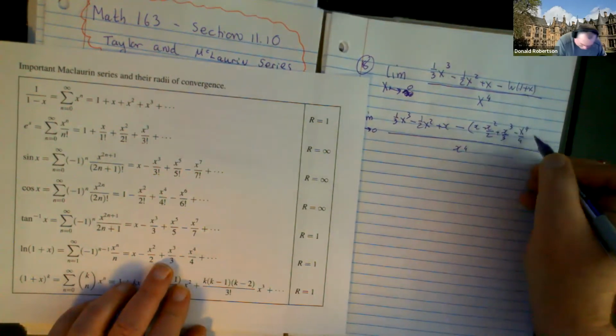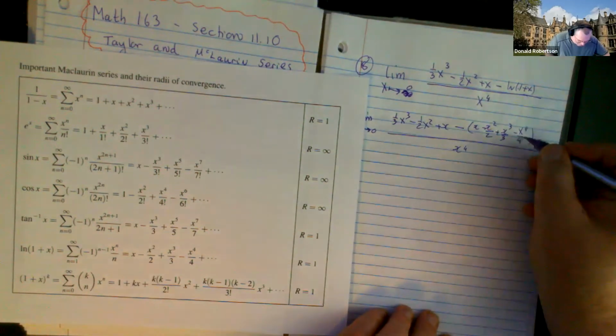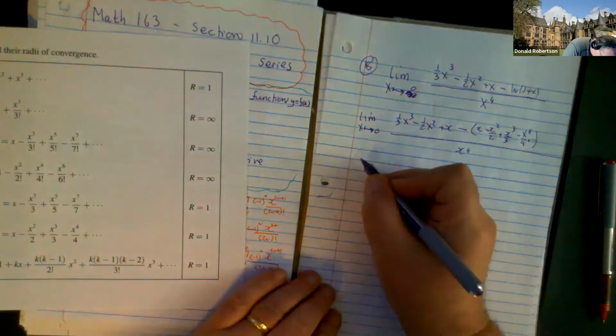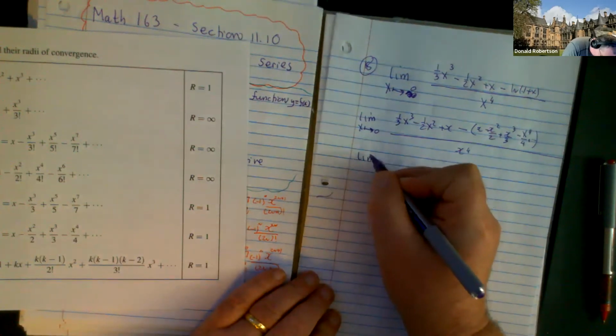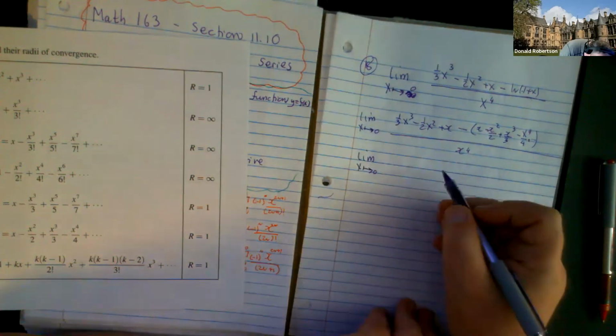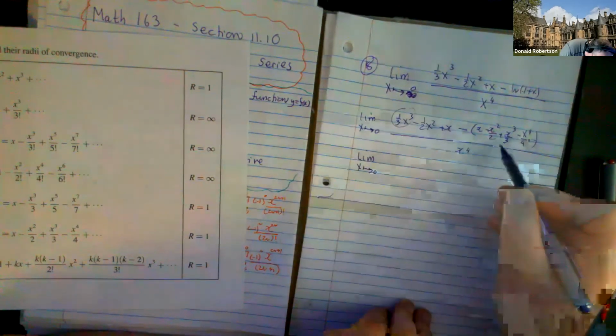And I know that's not the whole of the log function, I guess technically. But I can combine the top answers together. And let's see what we get. Well, we get this guy, take away that guy.